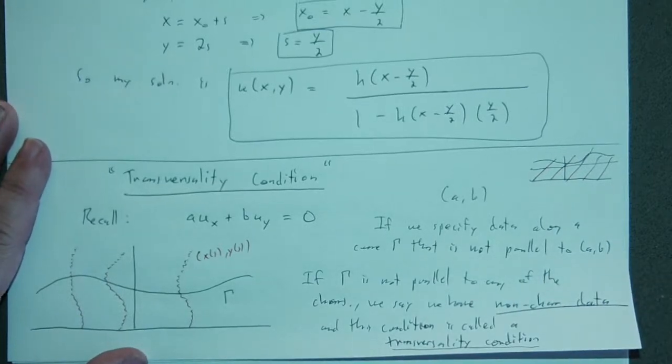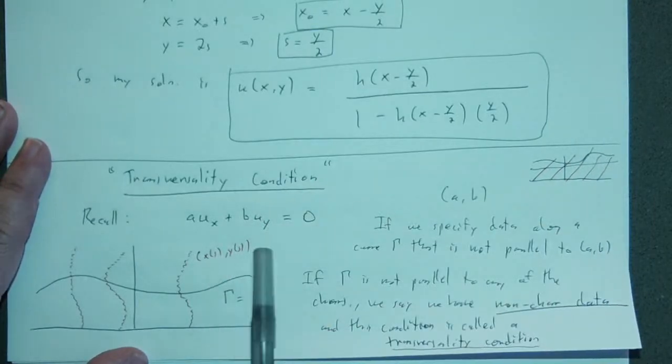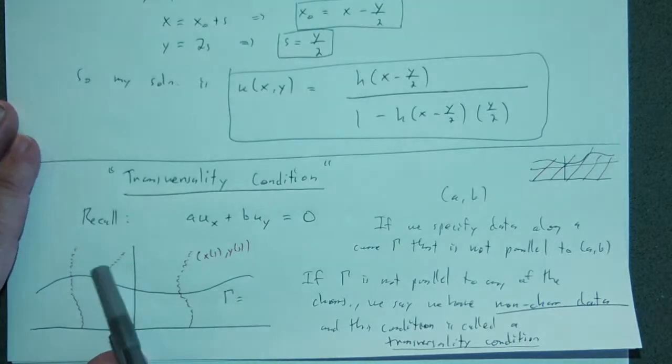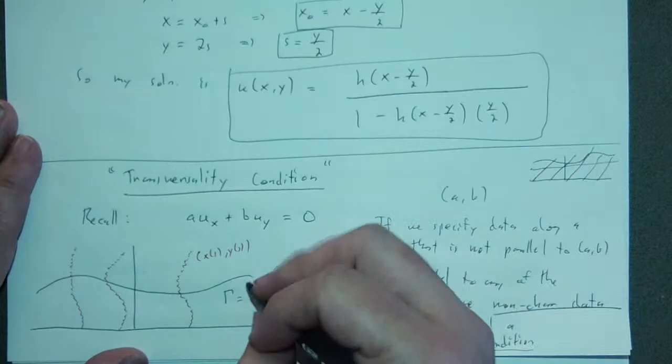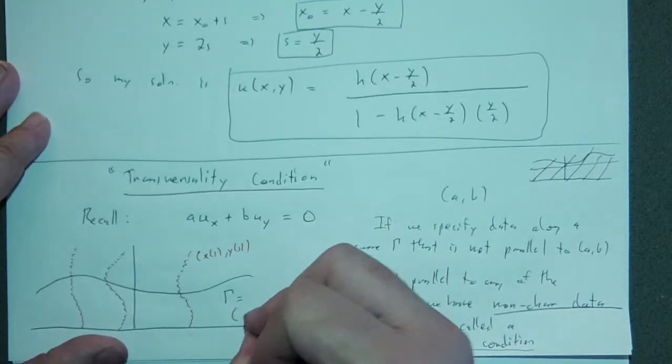So what is the transversality condition in this case? If I have a characteristic x of s, y of s, this data curve I can parameterize. I want to use a different parameter because this parameter for this curve is not going to correspond to the parameter s. So I use a different parameter, tau.